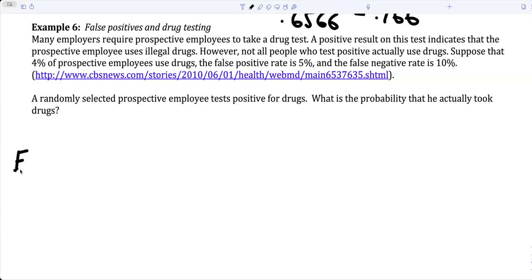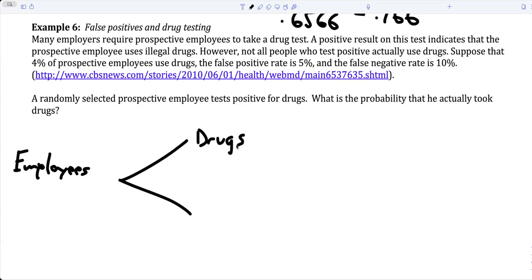Okay, so we've got employees. And we have two possibilities. Number one, they are taking drugs. Number two, they are not taking drugs.